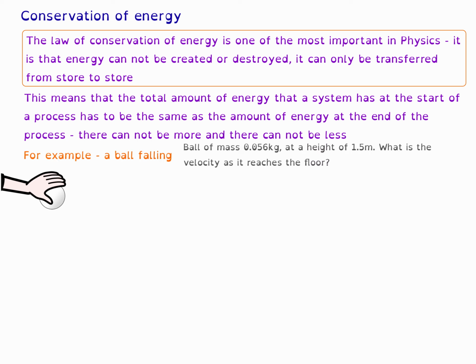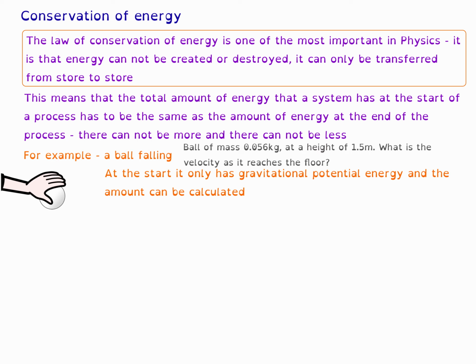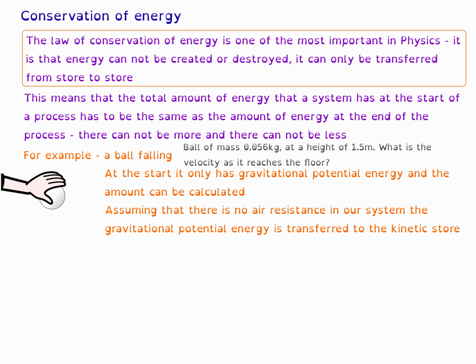For example, a ball falling. At the start, it only has gravitational potential energy and the amount can be calculated. Assuming that there's no air resistance in our system, the gravitational potential energy is transferred to the kinetic store. The calculation is as follows. To get the gravitational potential energy, you need EP equals mgh.